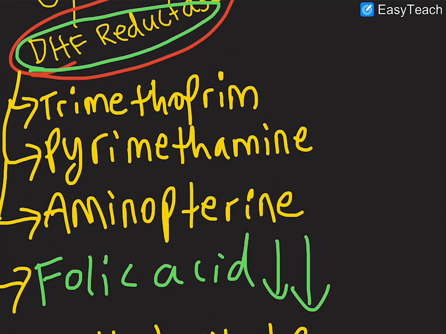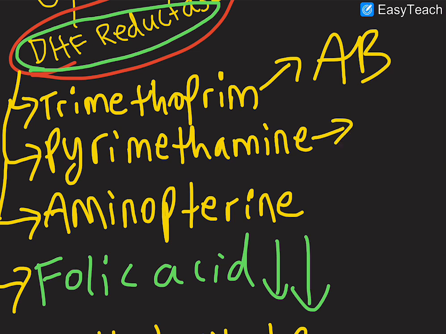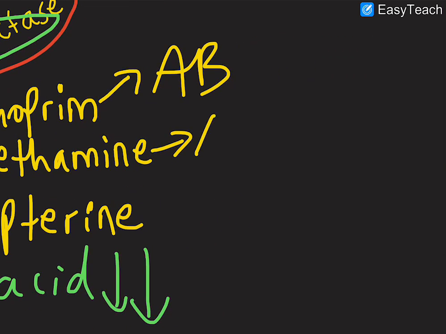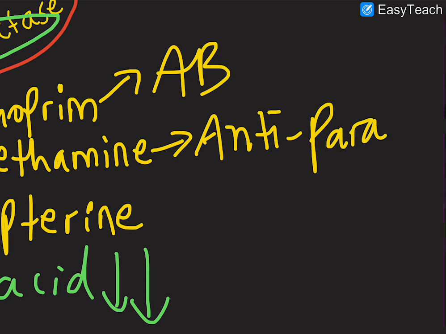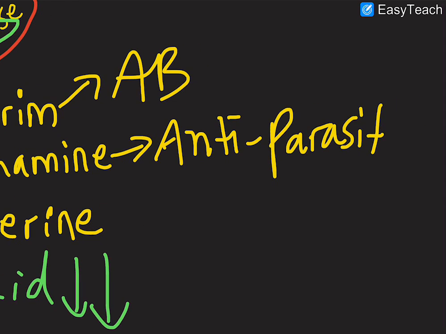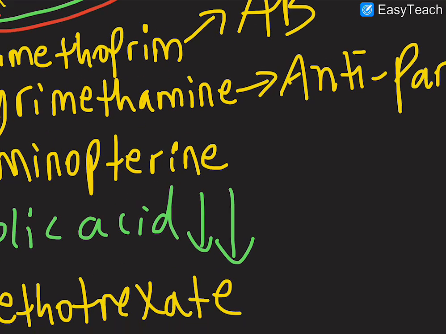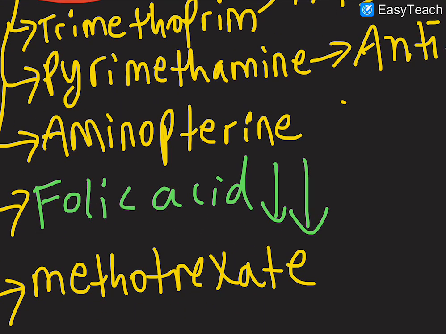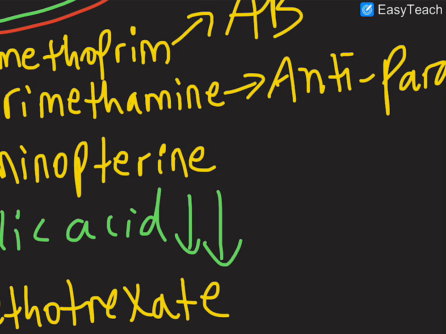So we can start from the top. Trimethoprim is an antibiotic. Okay, pyrimethamine is an anti-parasitic. Aminopterin, right? Well, first of all, this is spelled wrong, so let's take out that E. Sorry, my bad.